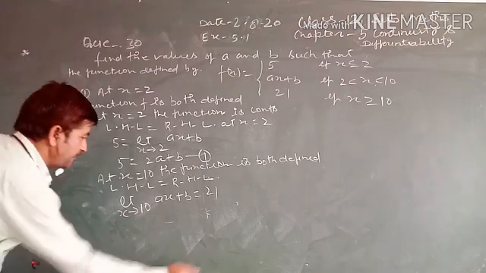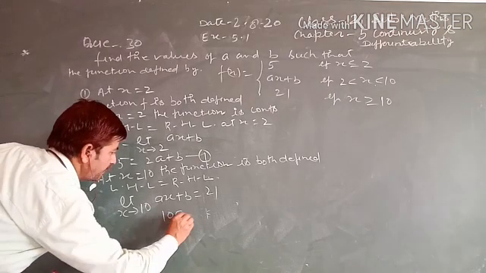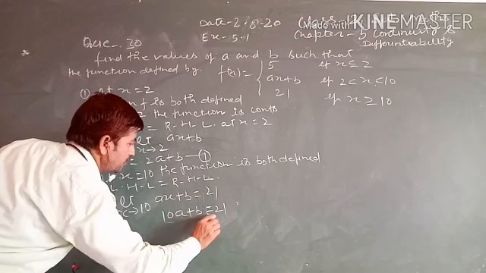On assigning the limit, it will be 10a plus b equal to 21.